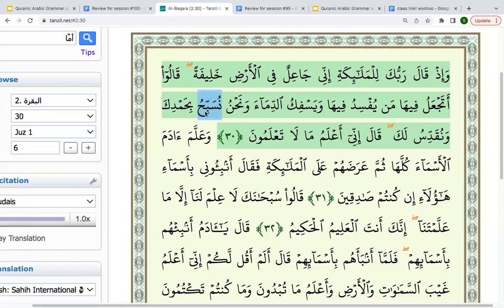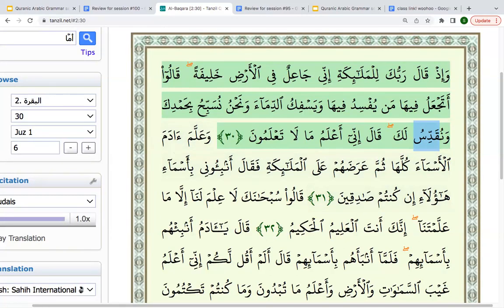It is mazid because the second root letter got doubled up, and this is family number 2. Nuqaddisu. Family number 2 because of the doubling of the second root letter, which was dal, and the e sound is there. Your mudari had dhamma, so this is mudari of family number 2.